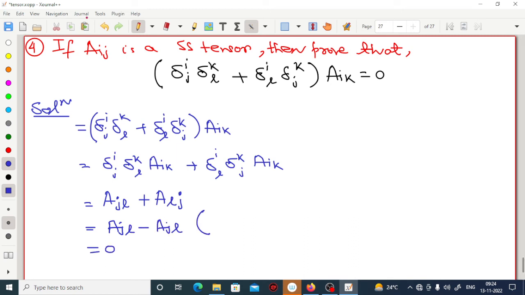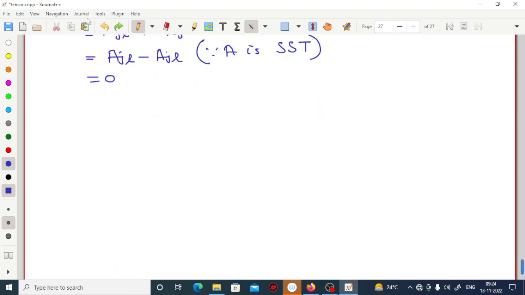Since A is skew symmetric, if you change the index between L and J, you find a negative term. Why? Because A is skew symmetric as per the question. That is what you come to learn from here.